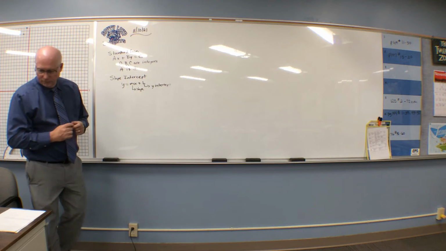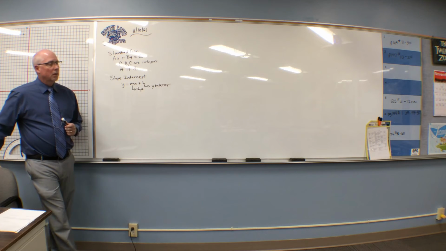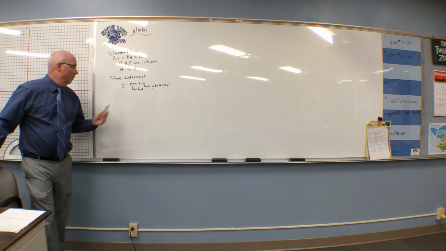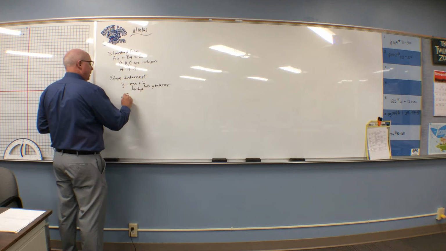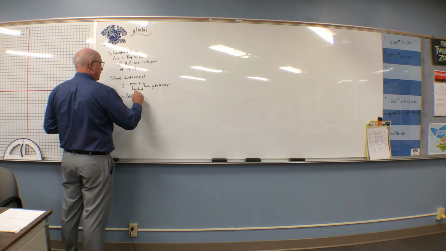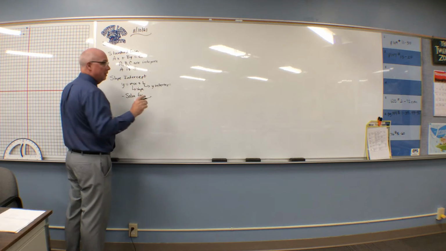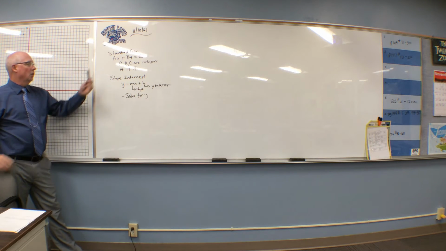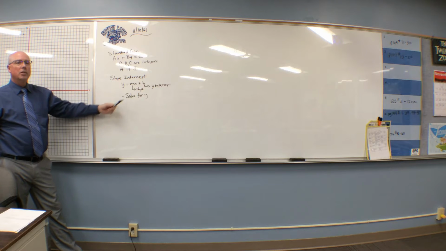Yes? How do you take the slope-intercept form and put it into standard form? Okay, we'll show you how to do that in a minute. Slope-intercept form, how do you get it? You solve for y. So this is exactly the opposite of what Bo just asked. If they give you something in standard form and they want you to put it in slope-intercept form, you just solve for y.